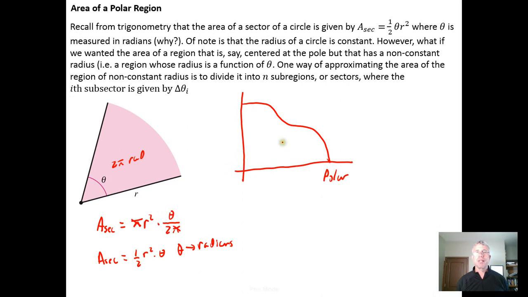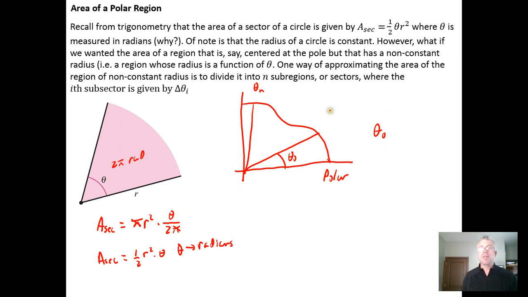So what we want to do is say, hey, suppose I have 2 radial lines. Here's the first radial line. Here's the second radial line. So let's say this first radial line is located at theta naught. And then the last radial line, I'm going to say that it's located at theta sub n.